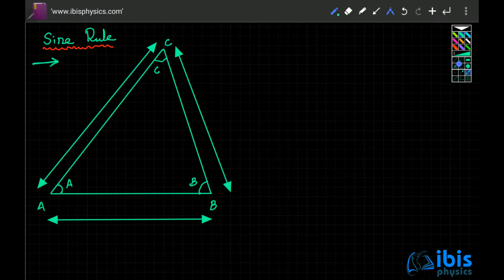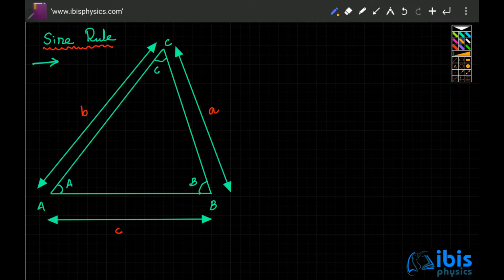So we are going to name them right now. Opposite to A is a, and opposite to C is c. So c, a, and this small b are all lengths. Capital A, capital B, capital C are not only the angles, we name the vertices also.